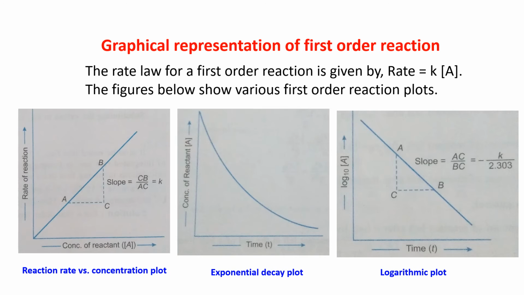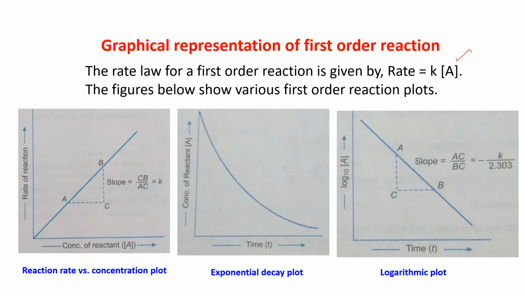Graphical representation of first order reaction. The first order reaction can also be represented through a graph. Now the rate law for first order reaction is given by rate is equals to k concentration of A. This is the equation from where we have started our mathematical expression for the first order reaction.